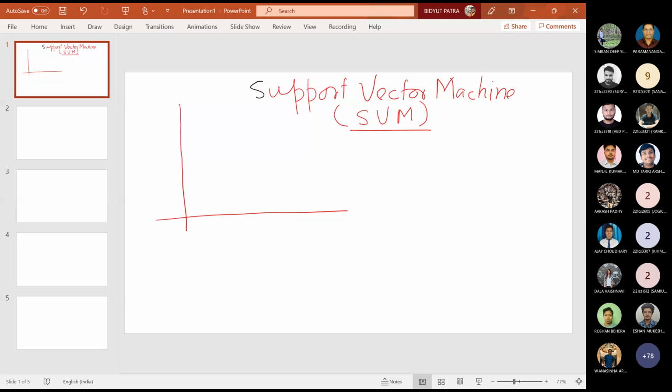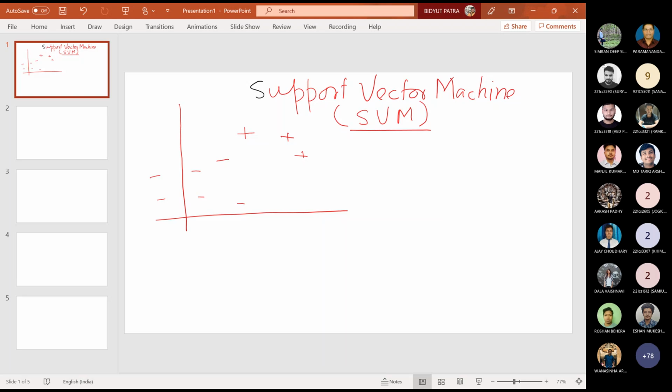Let's say we have a two class problem. That means we have two classes. One is, let's say, the positive class, the positive sample. Another is the negative sample, somewhere here, here and there.